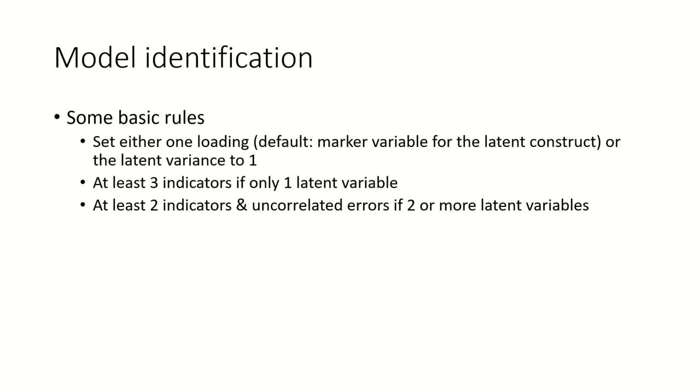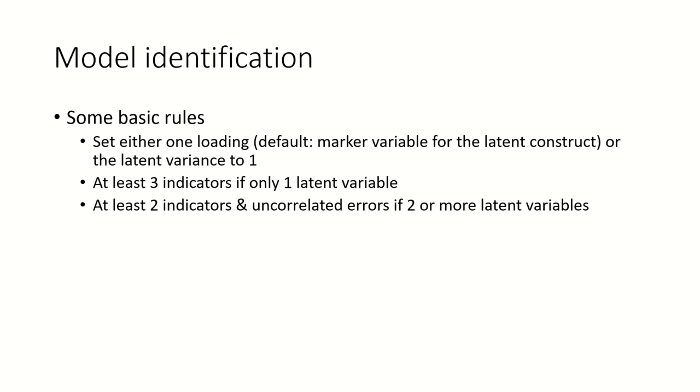And so this will essentially set the metric for all the other parameters, because everything will be compared with that factor loading which we set to 1. And so we can always then think of all the other factor loadings: are they smaller, bigger, how much smaller, how much bigger than this particular factor loading that we set to 1?